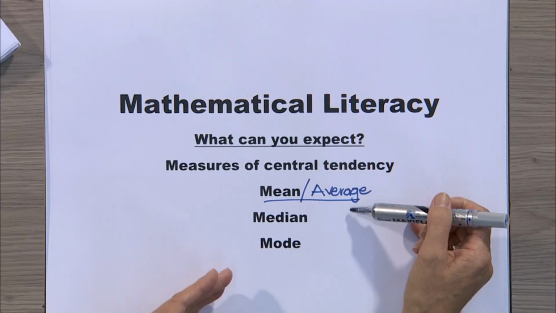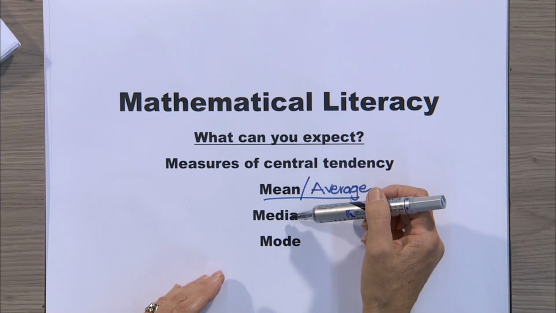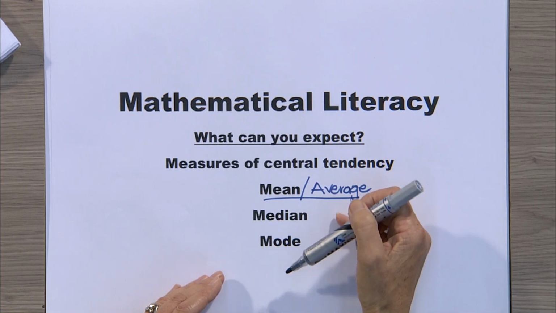You can even get 3, a trimodal. So if you have 3 numbers that occur the most, you can. So don't get upset or confused and think there's something wrong with the data set. It can happen. So measures of central tendency: mean, average, same thing, median, and mode.